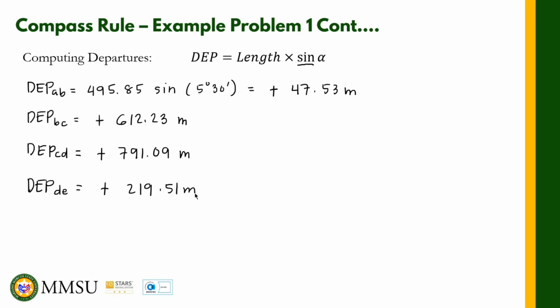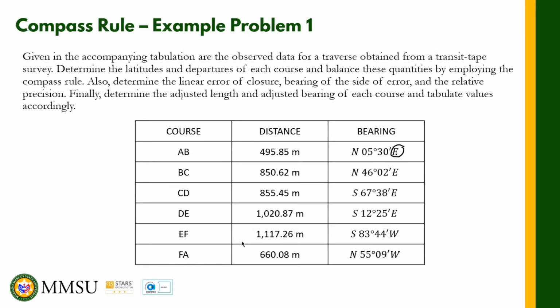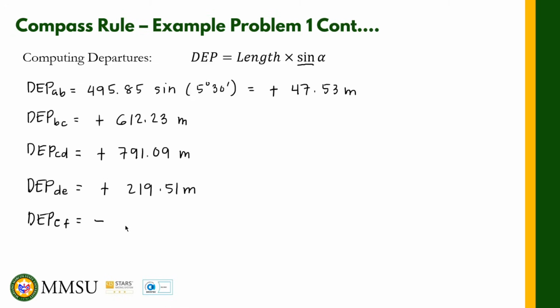So this is positive 219.51 meters. Okay, and we have departure of EF. Departure of EF is 1,117.26 multiplied by the sine of 83 degrees 44 minutes, and this is west. Okay, so we have a negative answer. So we have negative 1110.58 meters.